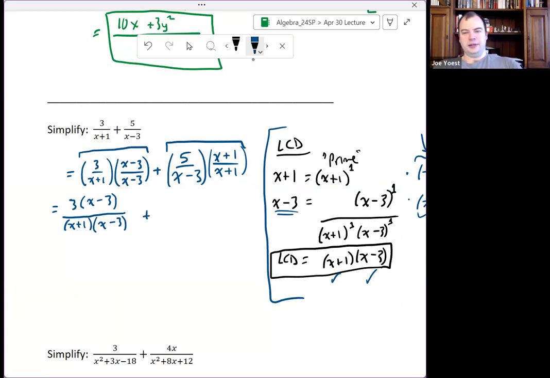To that I add my second two fractions. I multiply my numerators, 5 times x plus 1, over my denominators, x minus 3, x plus 1.